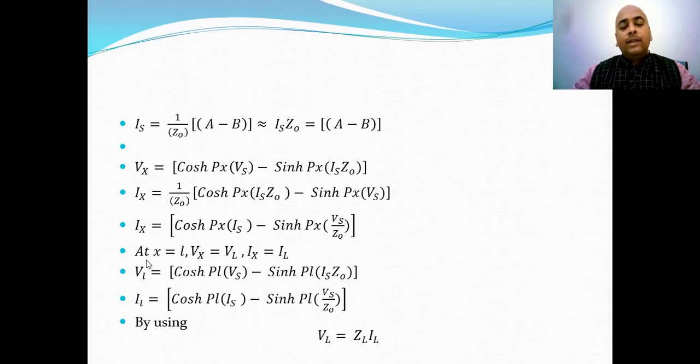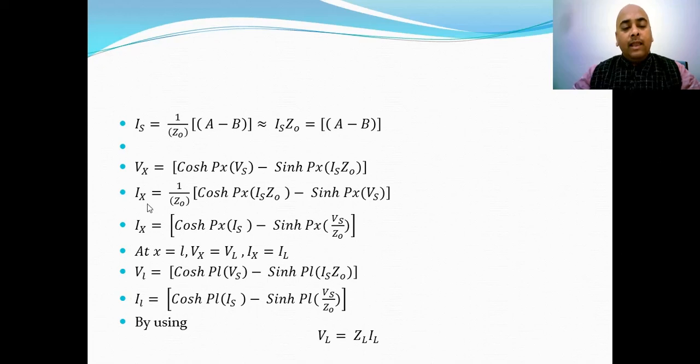Now we know the condition that at x is equal to L, Vx is equal to VL and Ix is equal to IL. So by putting x is equal to L into the equations of Vx and Ix, we obtain that VL is cos hyperbolic PL into Vs minus sin hyperbolic PL into Is Z naught.